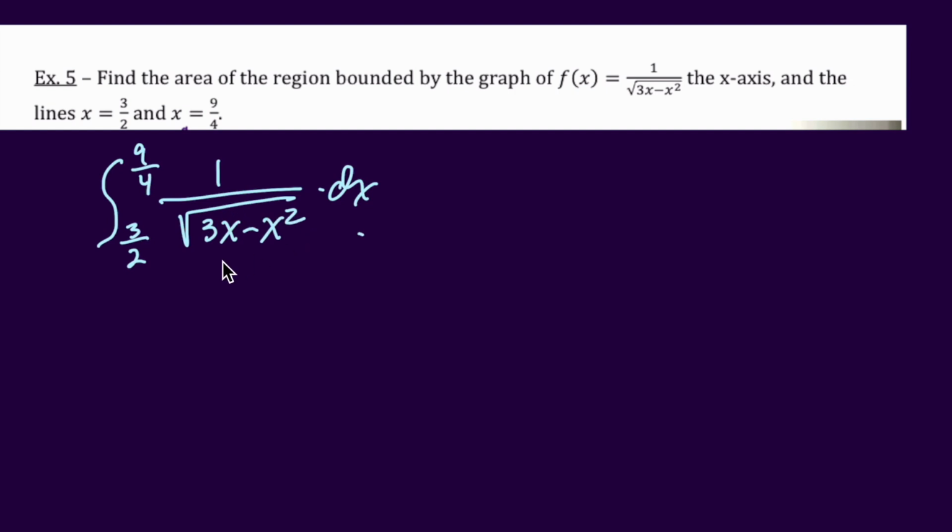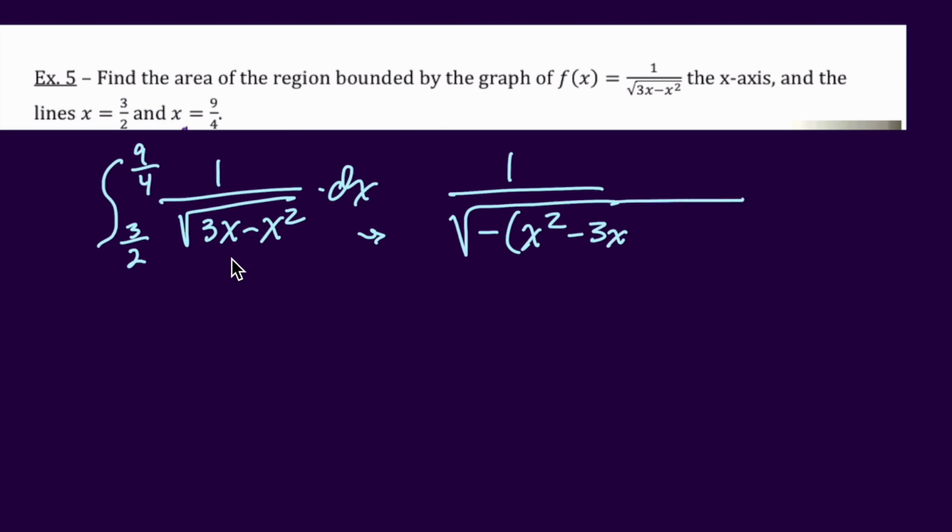Now, with that negative, it makes things a little difficult. So let's try to do this. Let's pull out the negative, and that's going to give us x squared minus 3x, like so. I always redistribute the negative, so we're going to get negative x squared plus 3x.